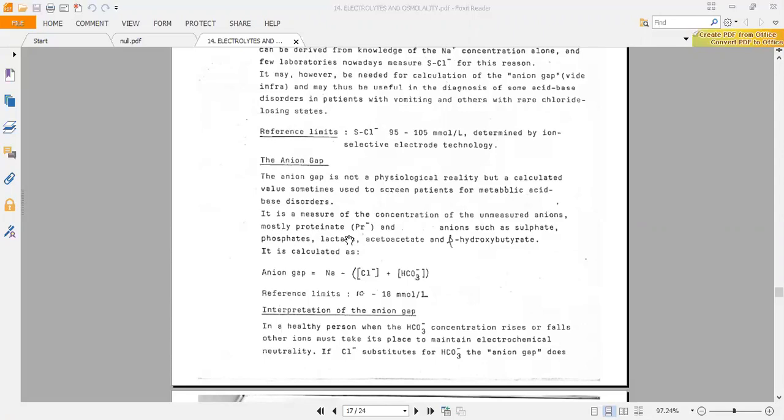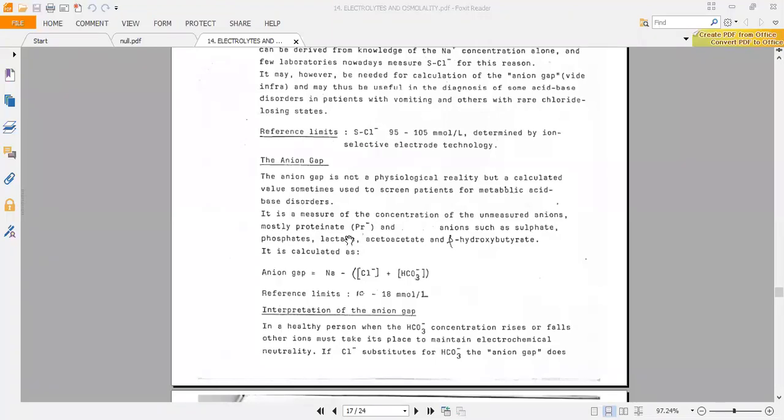If you get a condition like diabetic ketoacidosis, DKA, where you have high levels of the keto acids, which are acetoacetate and beta hydroxybutyrate, someone with DKA will have an increased anion gap because the unmeasured anion levels have increased, and that's going to reduce the levels of chloride and bicarbonates. Second, if someone has lactic acidosis, that means the person's lactate levels have increased.